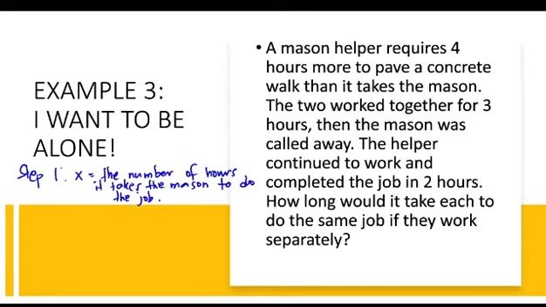Tapos, sabi kasi dito, a mason helper, yung helper requires 4 hours more to pave the concrete walk than it takes the mason. So sa helper tayo, so kung yung mason, ito yung representation ng hours niya to do the job. Doon naman sa helper is x plus 4 kasi mas matagal siya ng 4 hours.